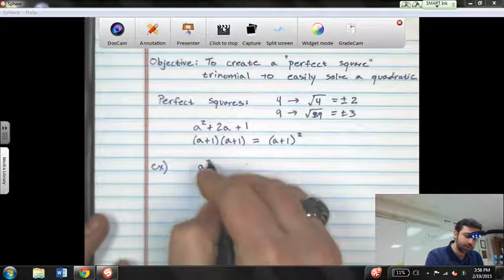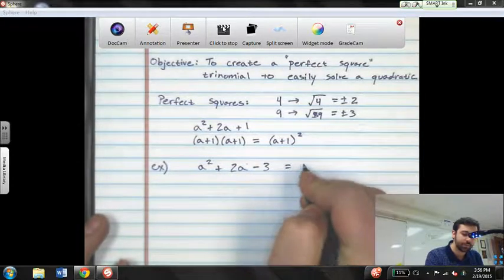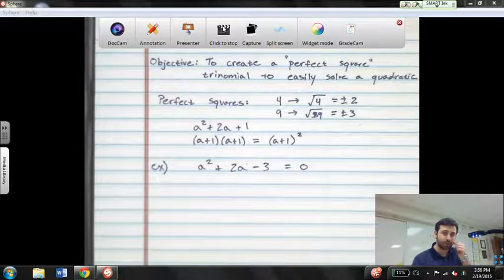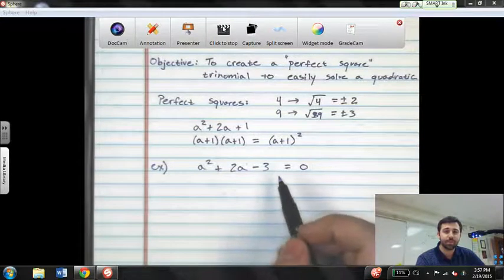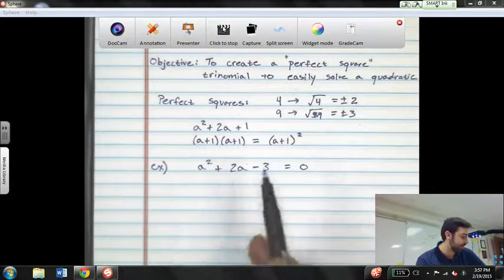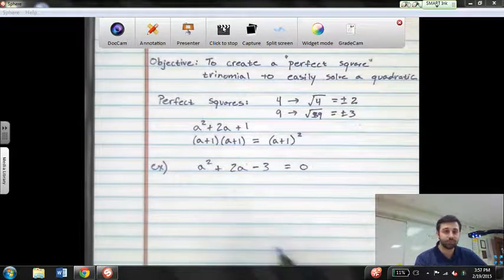I have the example a squared plus 2a minus 3 equals 0. If we try to factor this down, you could factor this down, but let's look at how we could complete the square. If you factored it, we would factor it down to the roots negative 3 and 1, but what we want to do is get it where it's a perfect square.